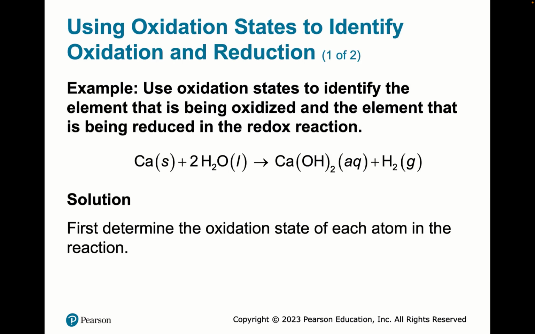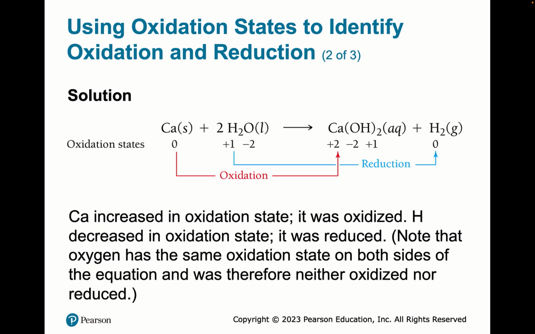So let's use these to identify what's being oxidized and what's being reduced in this chemical reaction. Calcium metal plus 2 waters makes calcium hydroxide, aqueous, and hydrogen gas. First we're going to start off with the oxidation states, and the elements are the easiest ones, right? Calcium metal is 0, hydrogen gas is 0.